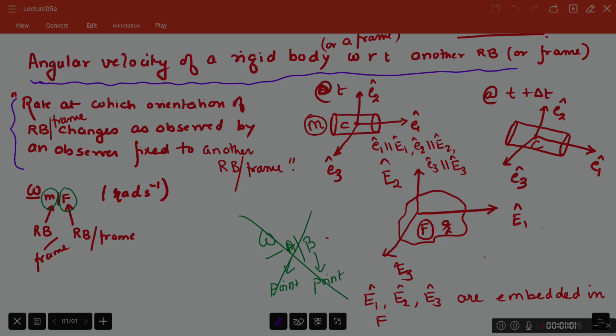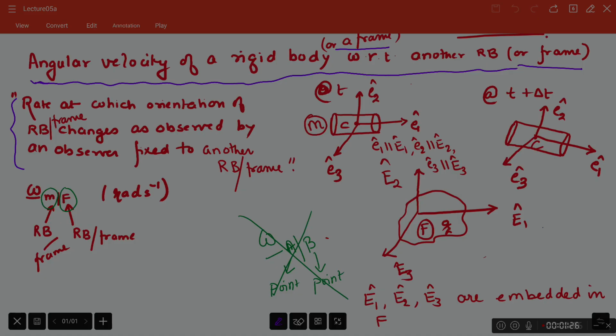Now in this definition, RB, a rigid body, can be thought of as a reference frame as well. So we can as well say that we are talking about the angular velocity of a frame with respect to another frame.